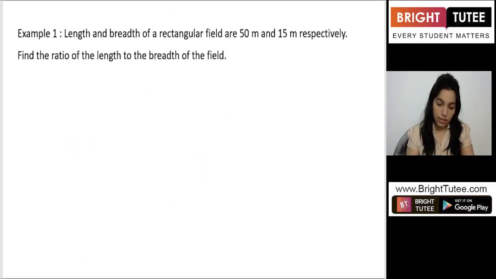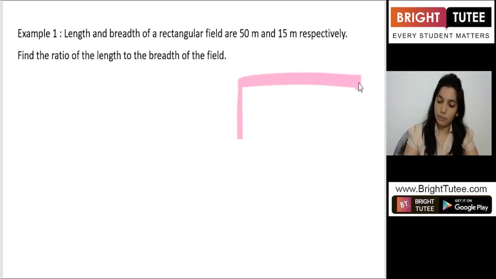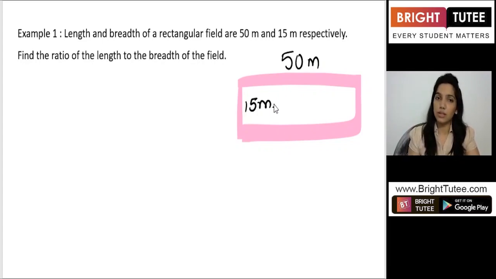Moving ahead to the next question, example number 1. It says the length and breadth of a rectangular field are given to us, which are 50 meters and 15 meters respectively. So it's simple. This is a rectangular field, and here the length is 50 meters and the breadth is 15 meters. Both the units are in meters, so nothing to worry about.